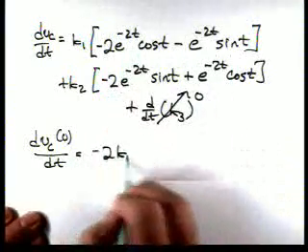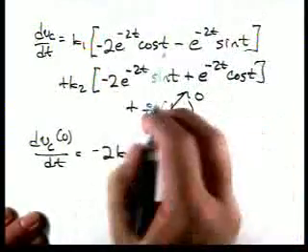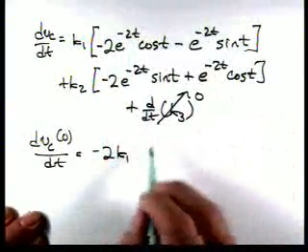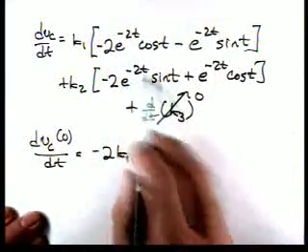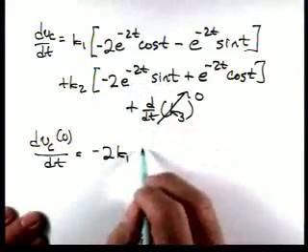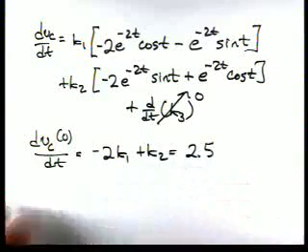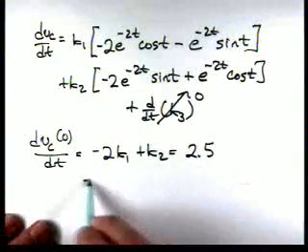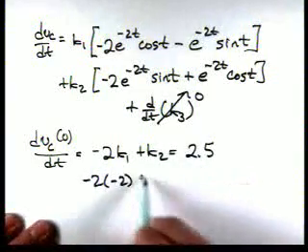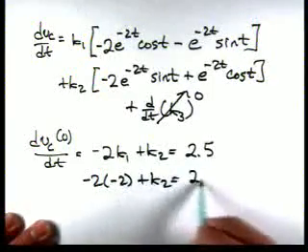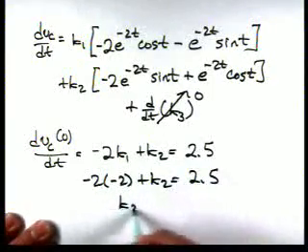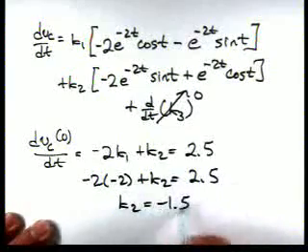So here, this is 0, this is 1, this is 1. Down here, this is going to go away, and we're going to be left with K2 is equal to 2.5. So now we have minus 2 times minus 2 plus K2 is equal to 2.5. So K2 then is minus 1.5.